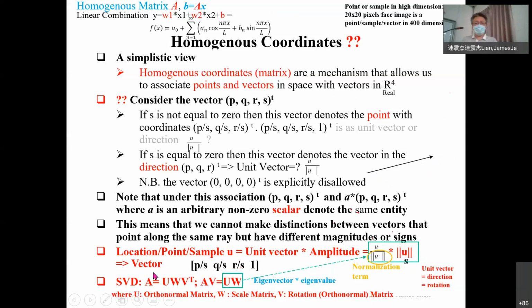So vector u, suppose this is u, equal to unit vector times amplitude. Any point, any sample, the data has many samples. You collect data, it has many samples. The samples mean in the space, you have one point in the space.